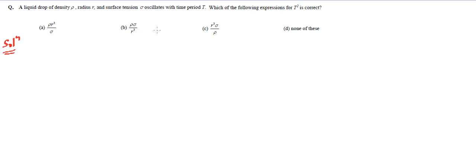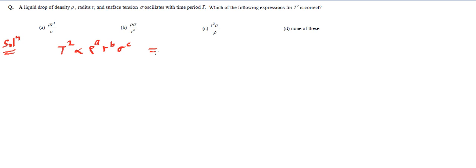We need to find t square, so let's say t square depends on these quantities like density raised to power a, radius r raised to power b, and surface tension sigma raised to power c. Once we are able to find a, b, c, our answer will be clear.